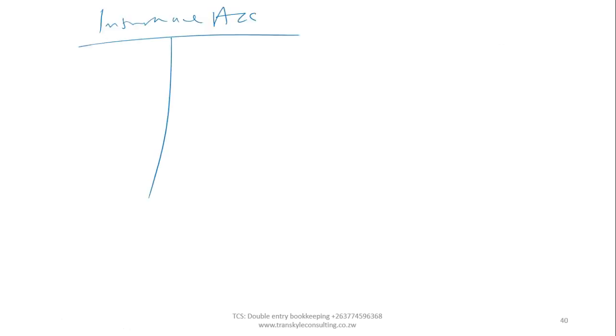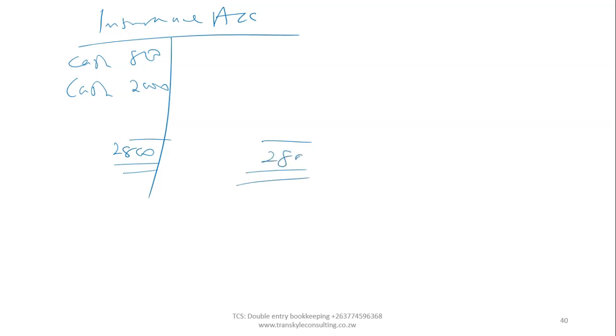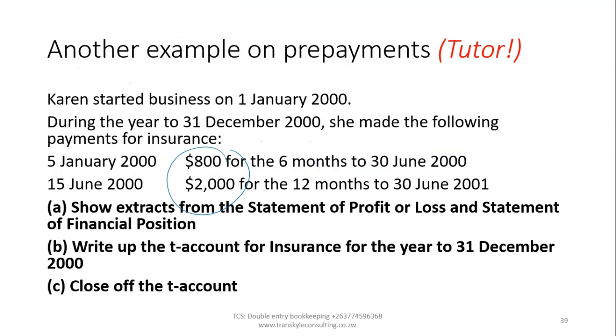So there was cash 800 just paid for the insurance, and then cash 2,000. Add up, we get 2,800. All right, but we know that this 2,000 included an expense for 12 months.